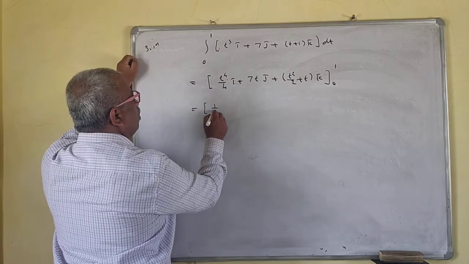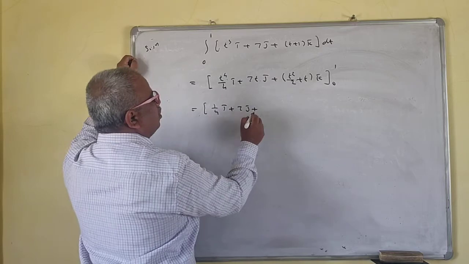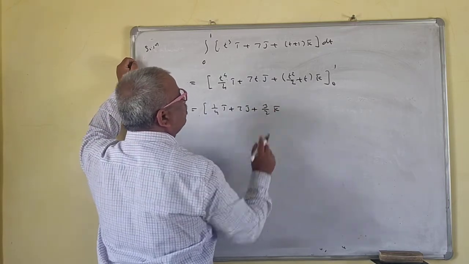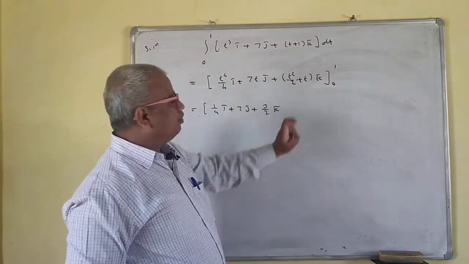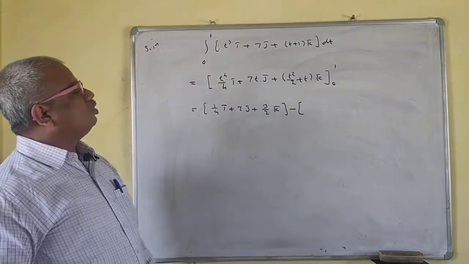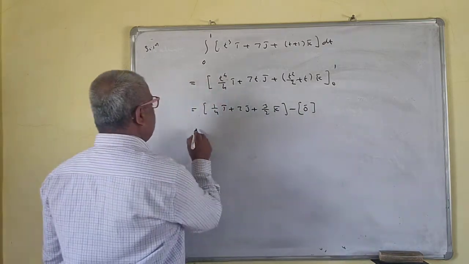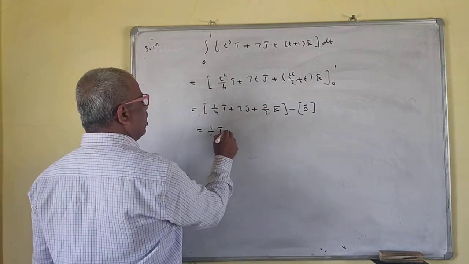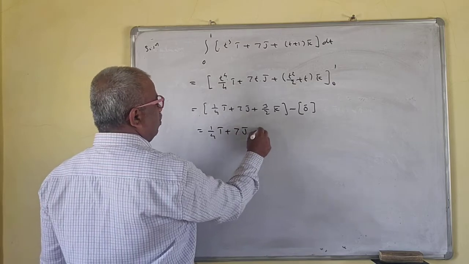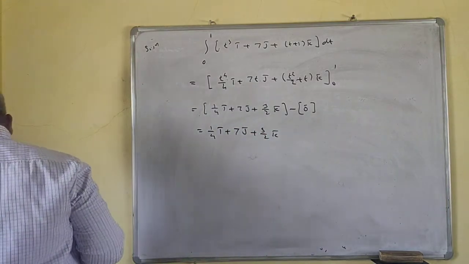This is 1 by 4 i bar plus 7 j bar plus 3 by 2 k bar, because this is half plus 1. Then minus, you put t equal to 0, which gives 0 bar. So this is simply 1 by 4 i bar plus 7 j bar plus 3 by 2 k bar. Very simple.